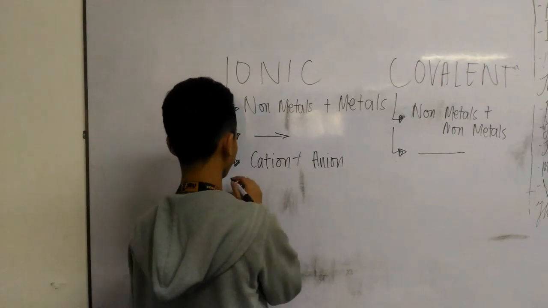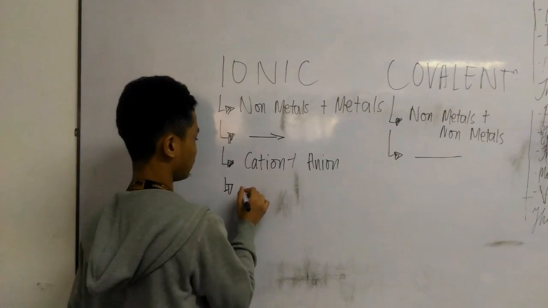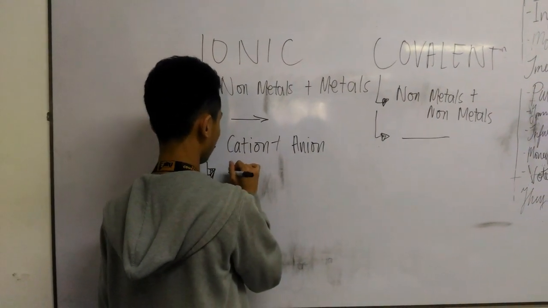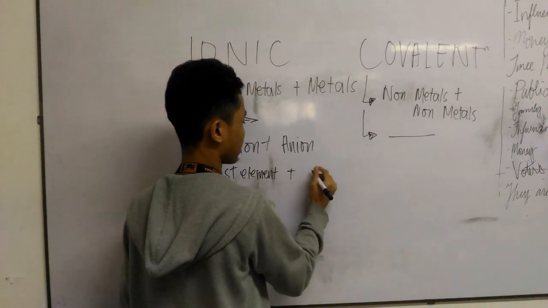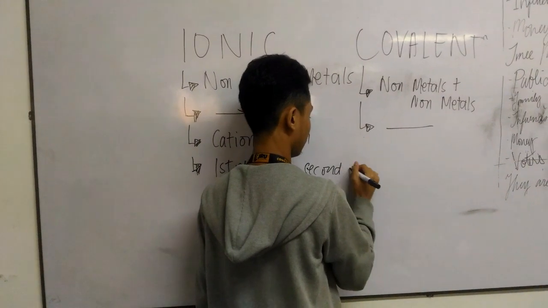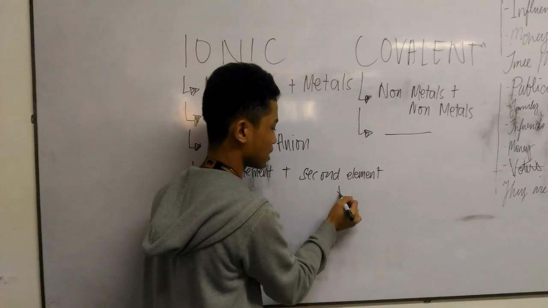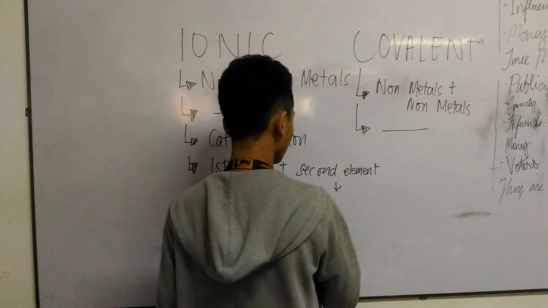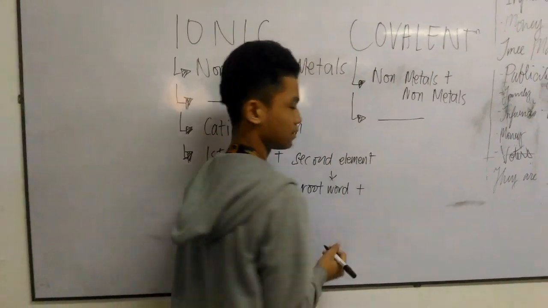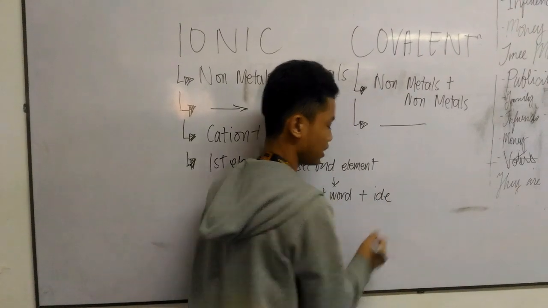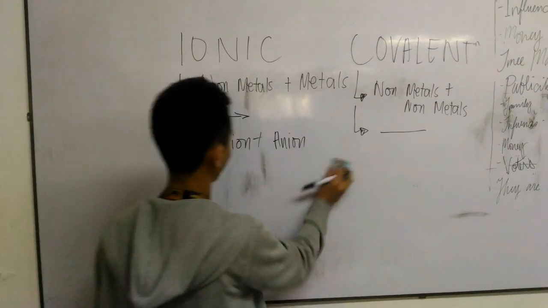Then you're going to take the root word of the second element, so the first element plus the second element, but the second element must have the root word plus I-D-E.